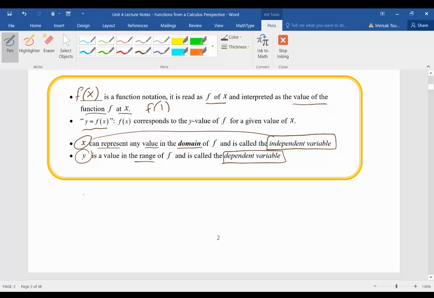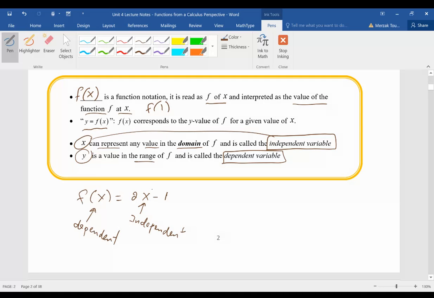Example, let's see if we have f of x equals 2x minus 1. So x will be the independent variable, and f of x or y will be the dependent.